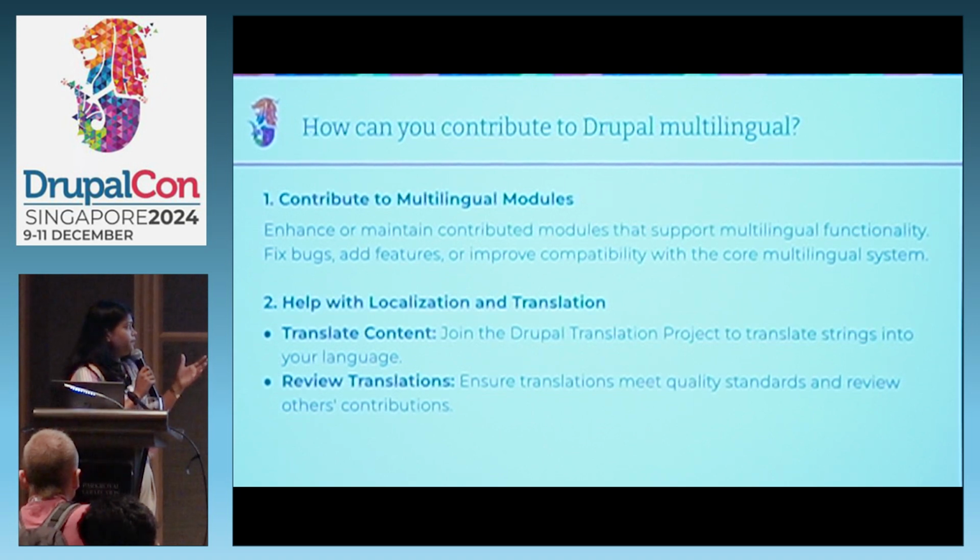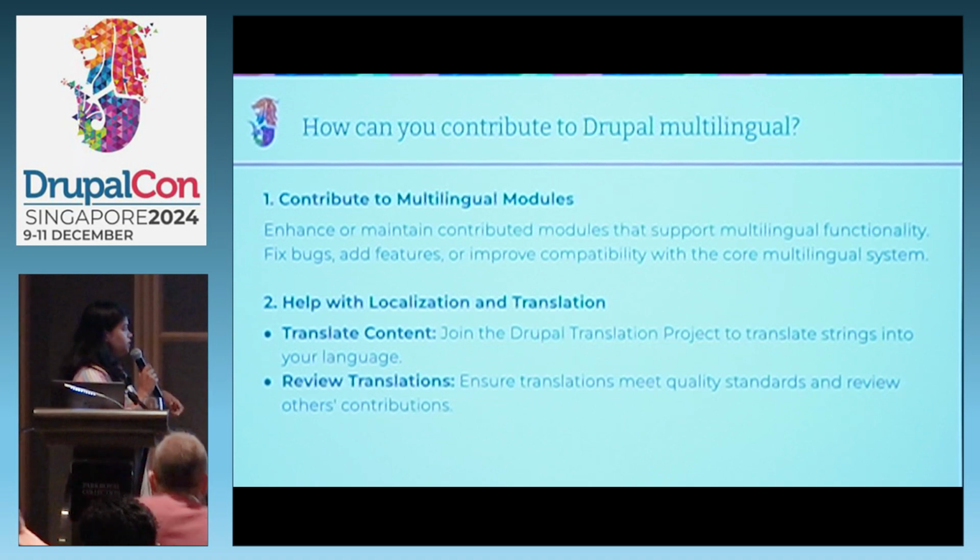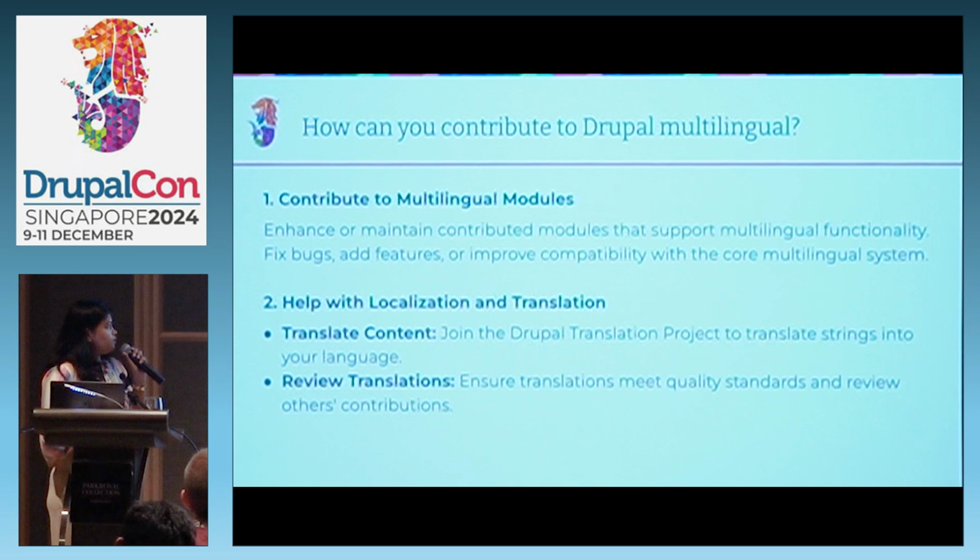We can add translations to different keywords which are then imported while adding a new language, or we can contribute by reviewing the translations which someone else has added, so that we have the correct translation imported. So these are the different ways in which we can contribute.